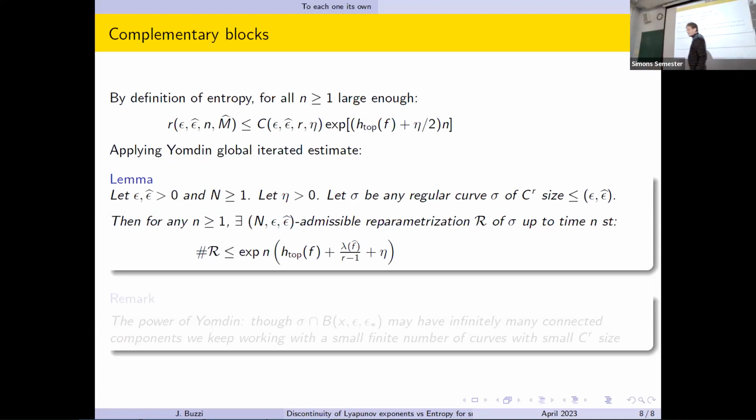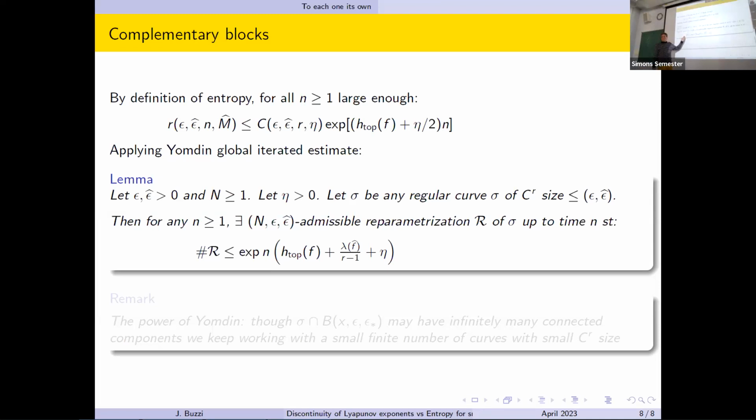Yes? So where does this R-1 in the denominator appear? Because we apply Yomdin to the lift. Typically in Yomdin theory, you have the log of the Lipschitz constant divided by R. But where in the proof does this appear?